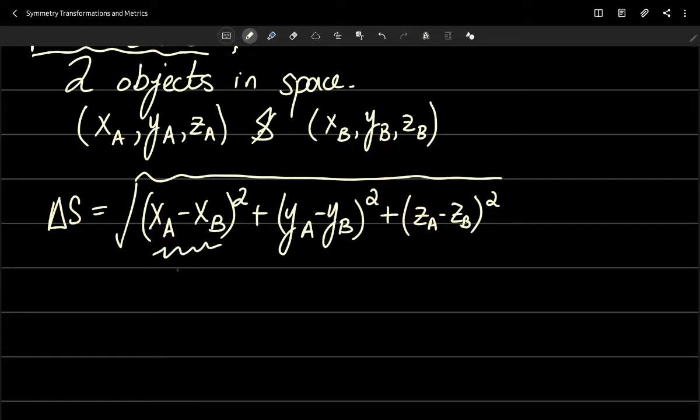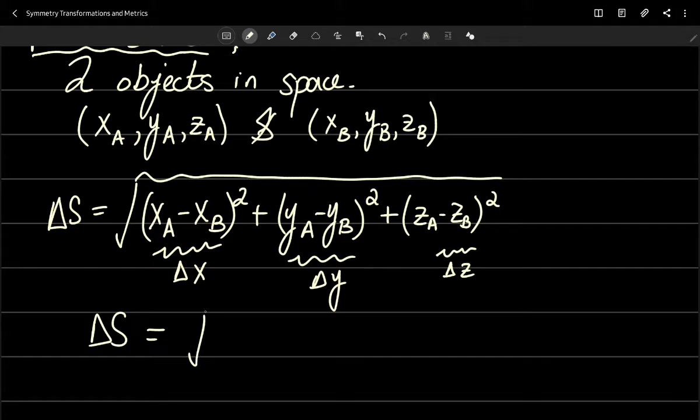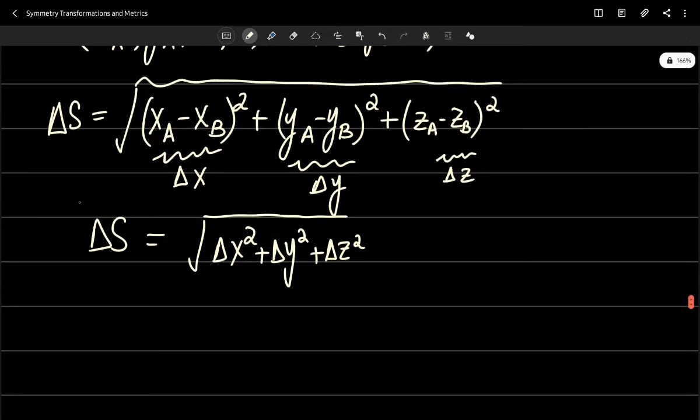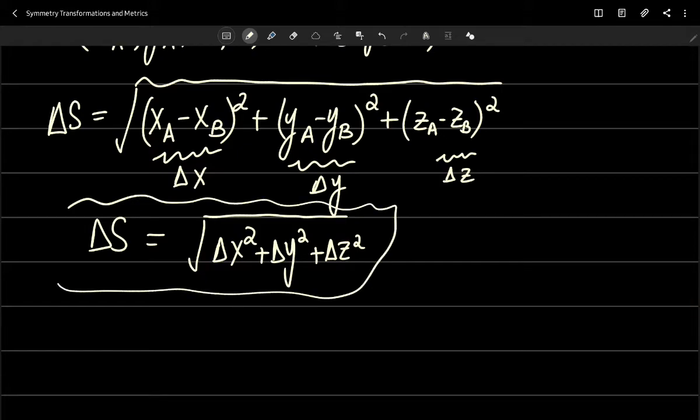Okay, so over here, this thing can be labeled as some delta x. This thing could be labeled as delta y, and this thing would be labeled as some delta z. And then in the shorthand notation, your distance formula simply becomes the square root of delta x squared plus delta y squared plus delta z squared, right? Okay, now here comes the interesting part. What we are going to do is we are going to deconstruct this formula, right?